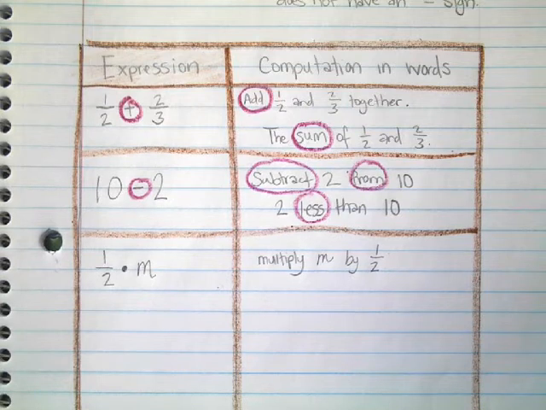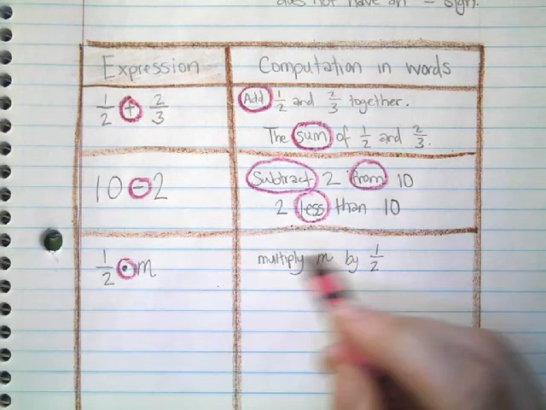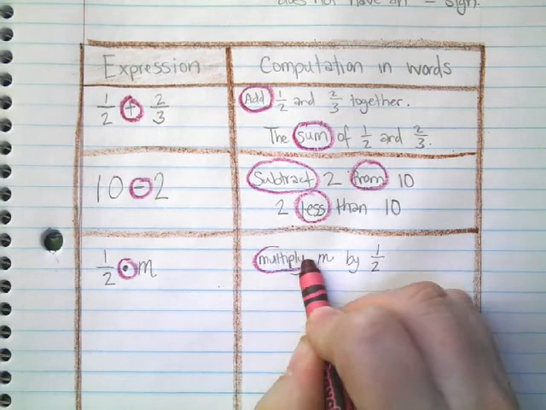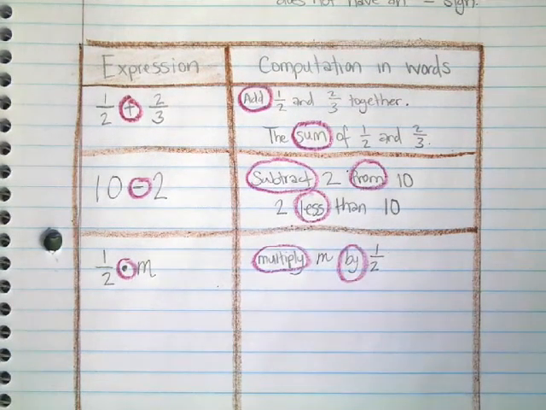Because the operation is what? Multiplication. So I circle multiplication. I'm going to circle multiply. And the word by is another multiplication word.